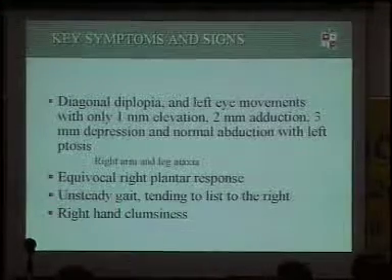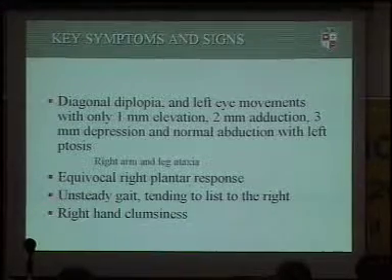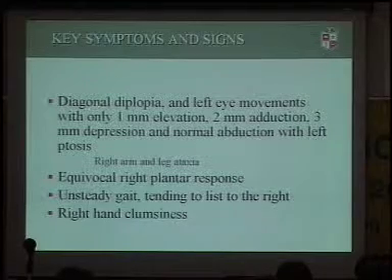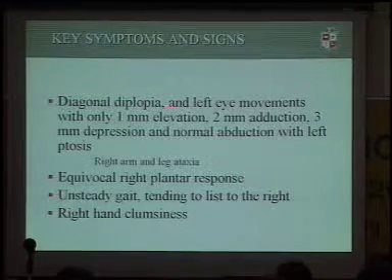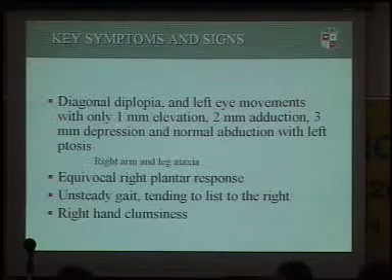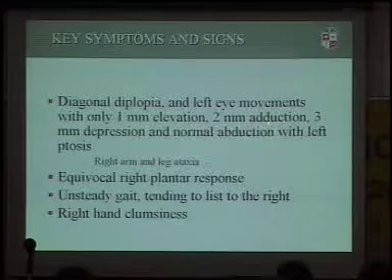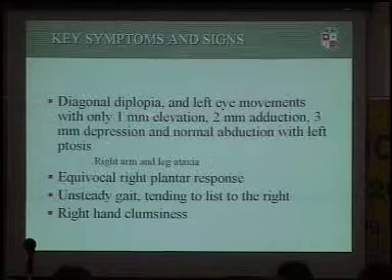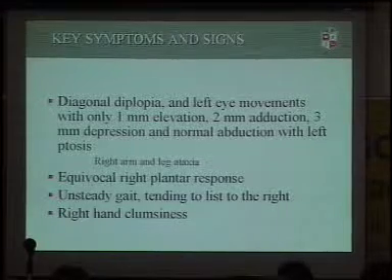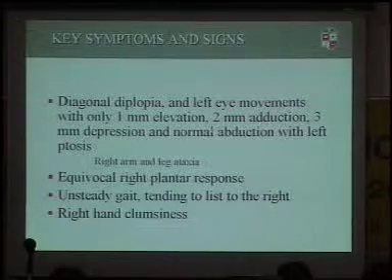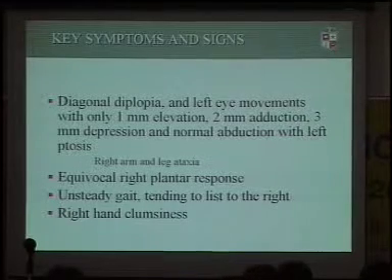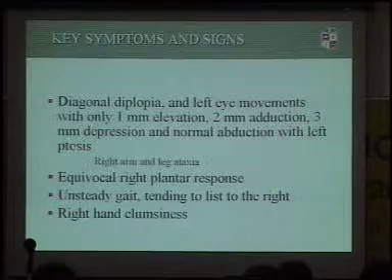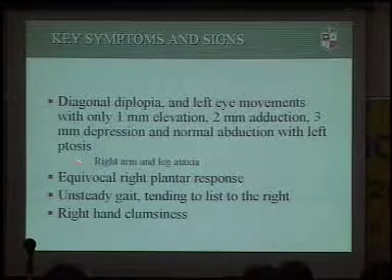Okay, these are the key signs and symptoms. Diagonal double vision and left eye movements with only 1 millimeter elevation, 2 millimeter adduction, and 3 millimeter depression. Normal abduction and left ptosis. Okay. There was right and left arm.